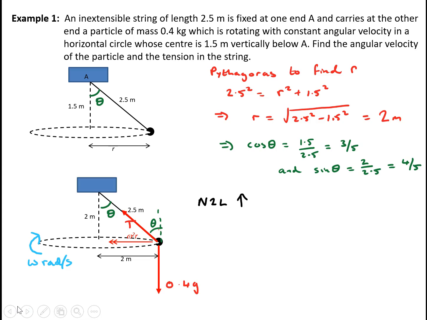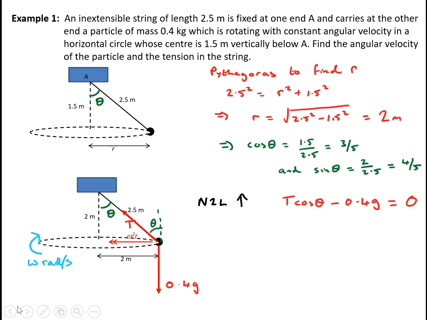T cos theta minus 0.4 g gives me the resultant force, and that must equal the mass times the acceleration vertically, but there is no acceleration vertically since the particle is moving in a horizontal circle. So we've got T cos theta minus 0.4 g must equal m times naught, in other words, naught.